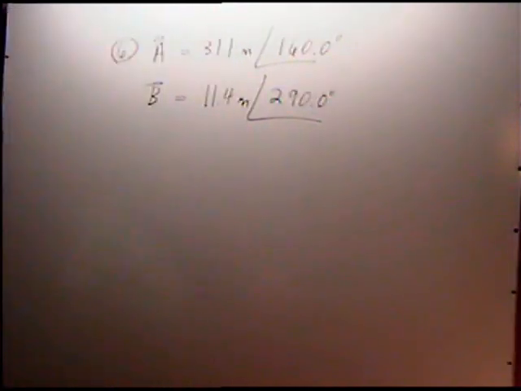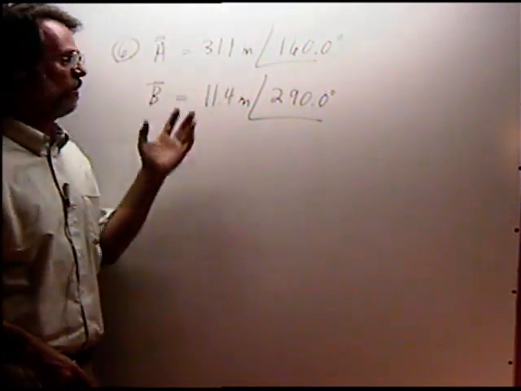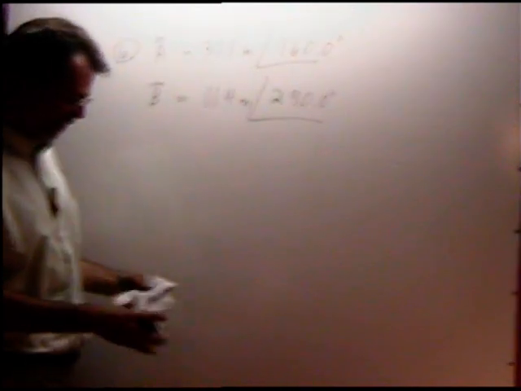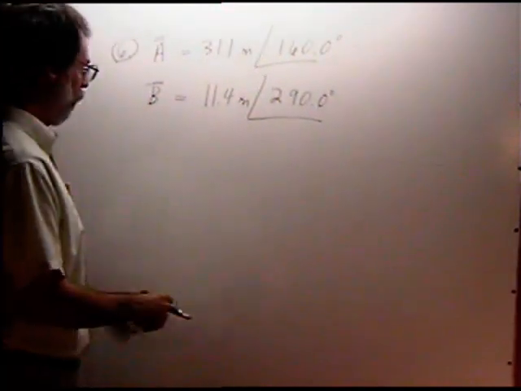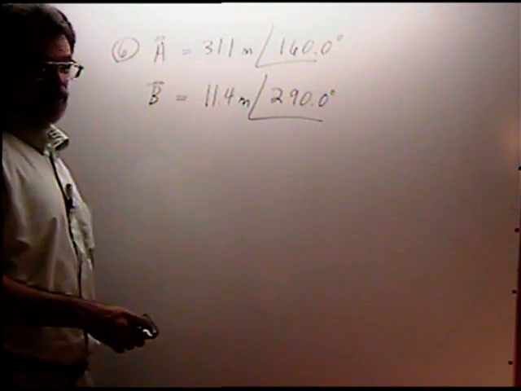Well, we could add these up from a geometry point of view, but in this case, they've given us hard numbers, and so we want to add them up in an algebraic way. The only way to do this is to break these up into their components.